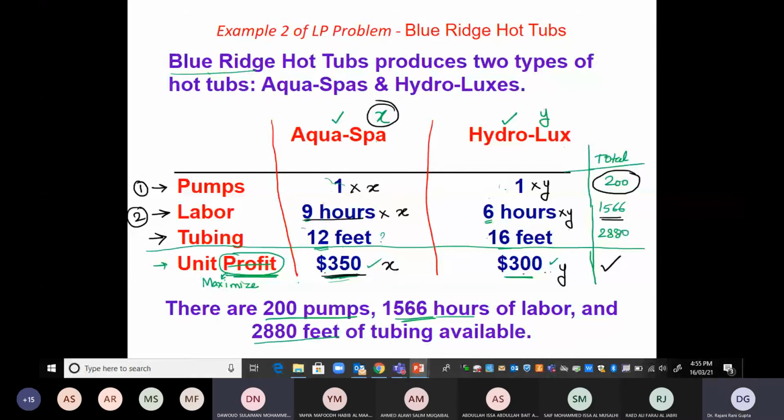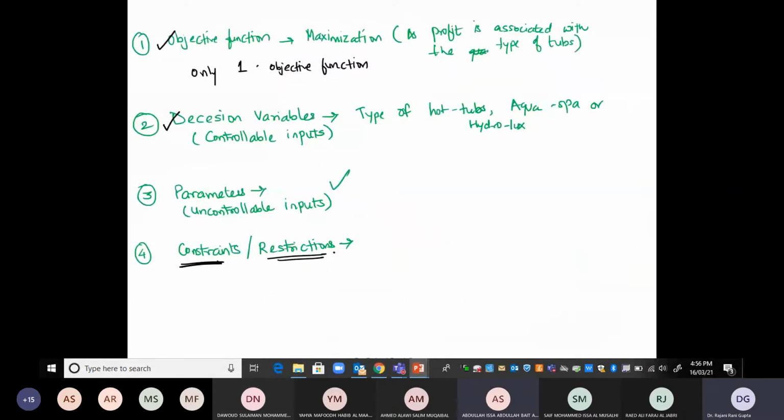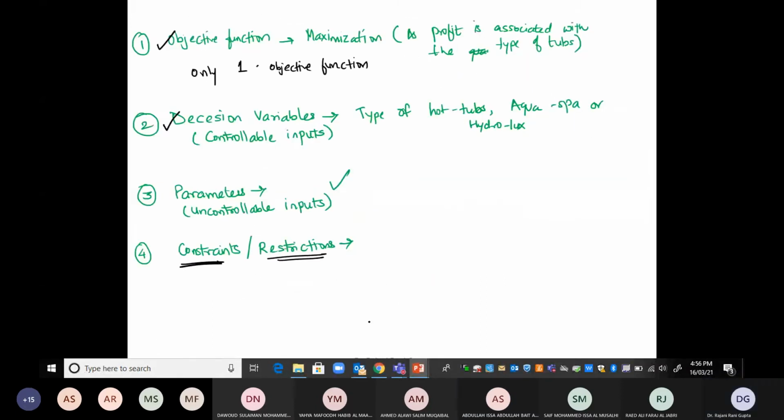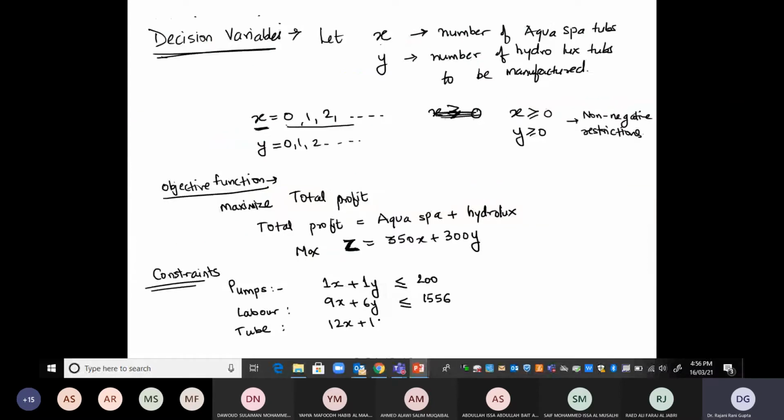Correct. I hope it's clear to all. Yes, it's clear. 12X plus 16Y less than or equal to 2880. So sorry, these are your constraints, and hence we are done with the formulation.